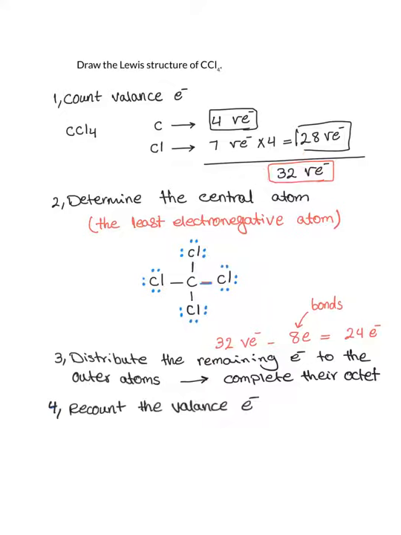So let's do it together. 2, 4, 6, 8, 10, 12, 14, 16, 18, 20, 22, 24, 26, 28, 30, 32. The number matches the number that we calculated in step 1. So this Lewis structure is acceptable.